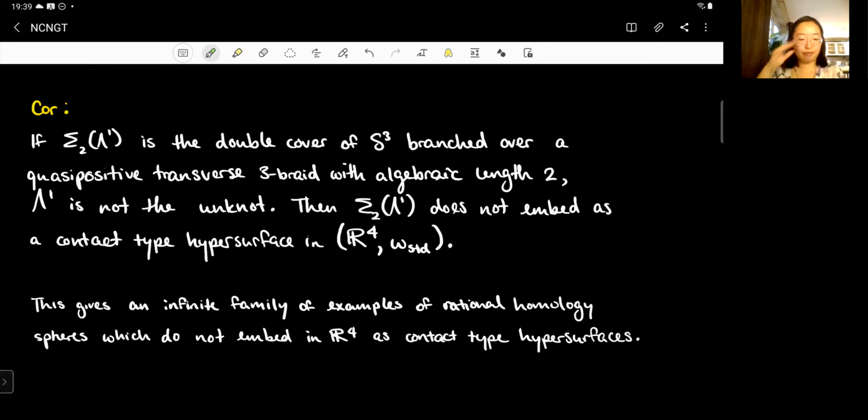If sigma 2 of lambda is the double cover of S3 branched over a quasi-positive transverse 3 braid with algebraic length 2, and lambda is not the unknot, then the double cover of S3 branched over lambda does not embed as a contact type hypersurface in the standard R4. So this gives us an infinite family of examples of rational homology spheres which do not embed in R4 as contact type hypersurfaces, which might be of interest to you.